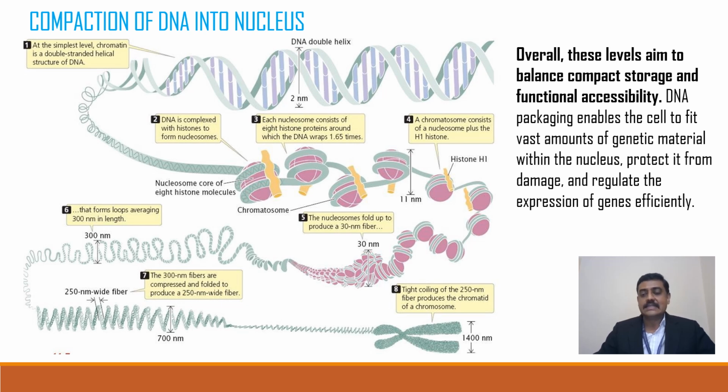Overall, these levels of compaction aim to provide a balance as well as functional accessibility. We have seen the role of heterochromatin as well as euchromatin and their importance in the regulation of gene expression. DNA packaging enables the cell to fit such a vast amount of genetic material within the nucleus, thereby protecting it from damage as well as regulating the expression of genes efficiently.